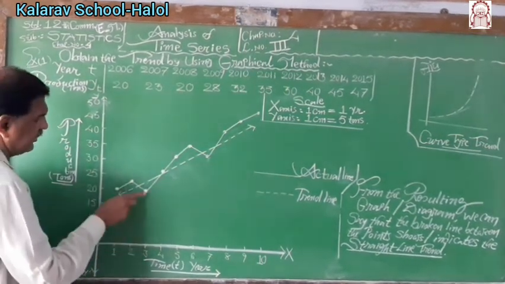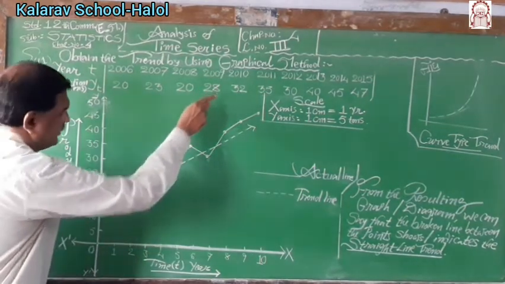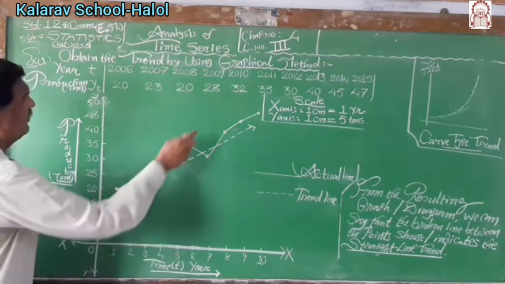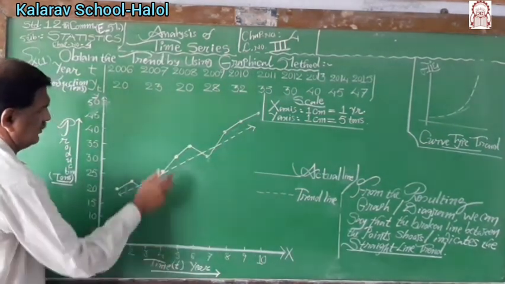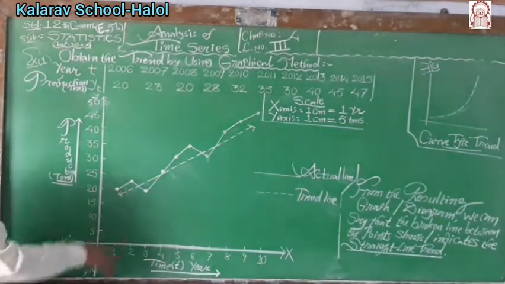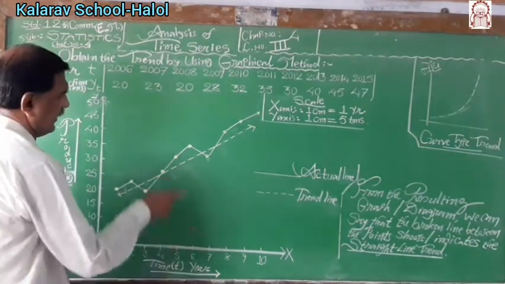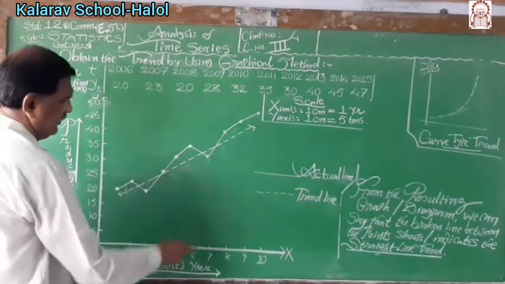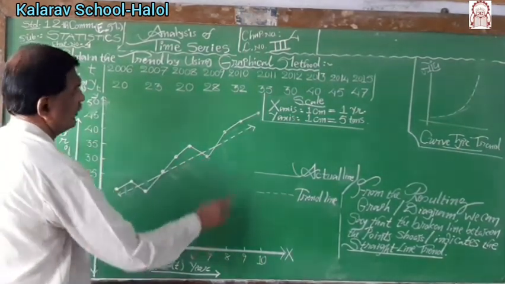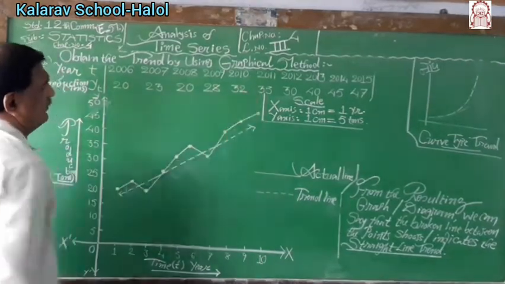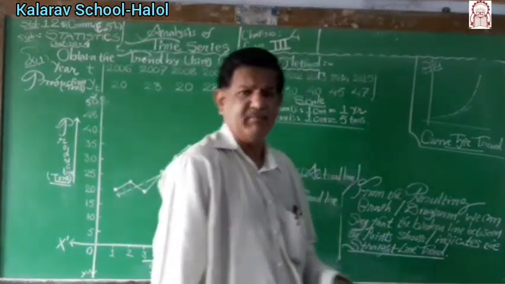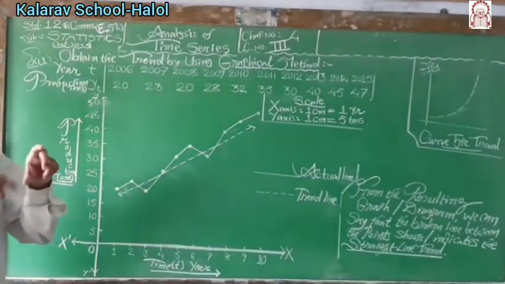For the third year 20, for the fourth 28 somewhere here, fifth year 32, this value, approximate. For another, 35, this is 35. Then 30, here. Then 40, 45, 47.